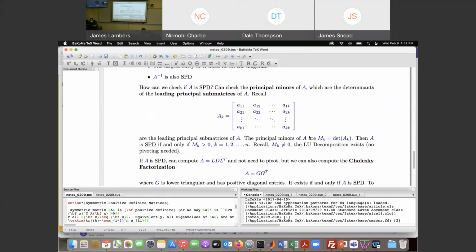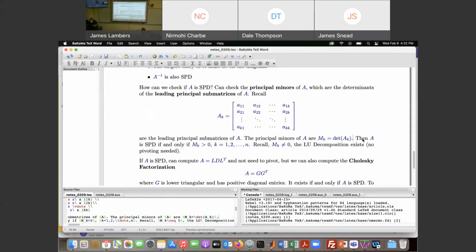You extract the leading principal submatrices, you take your determinants, and those are the principal minors given here. So A is SPD if and only if all principal minors are strictly positive.